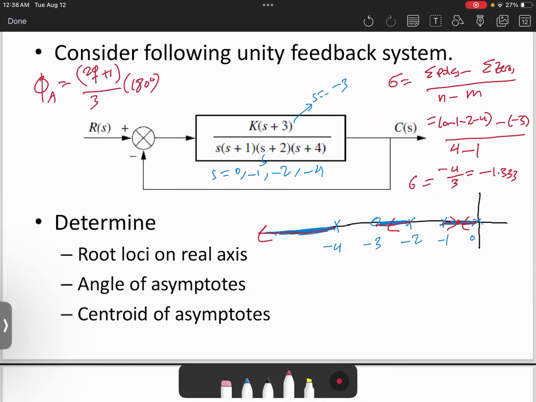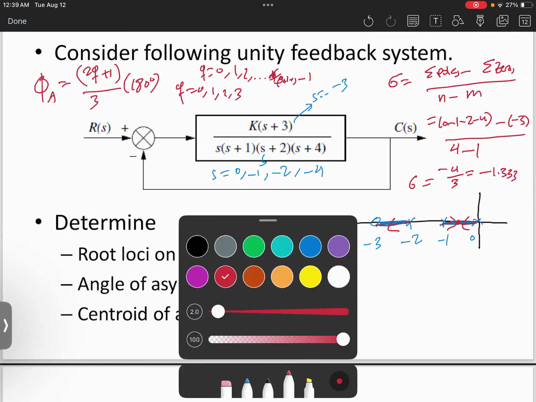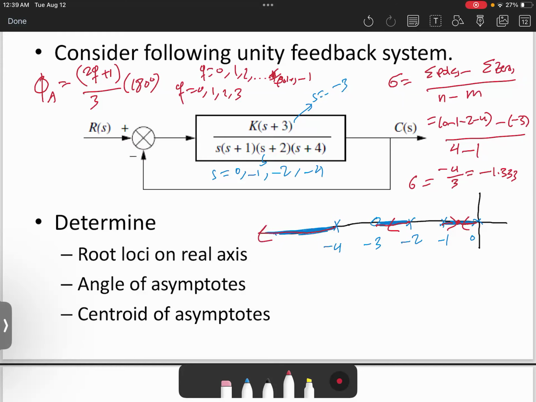Then we substitute q from 0 up to the number of poles minus 1. The number of poles is 4, so n minus m is 3, and therefore the possibilities of q are 0, 1, 2, 3. Let's substitute q equals 0 first.